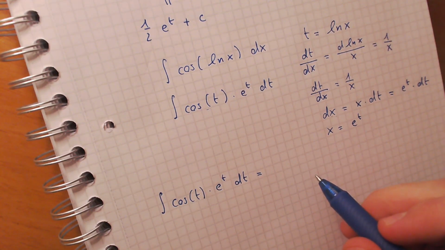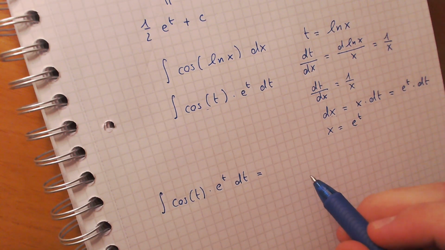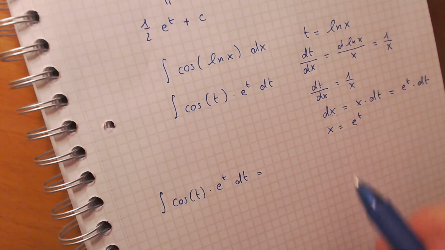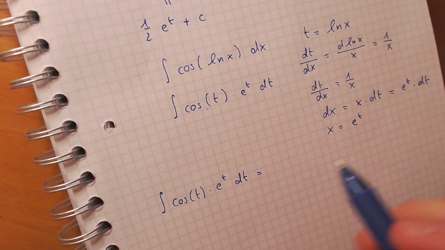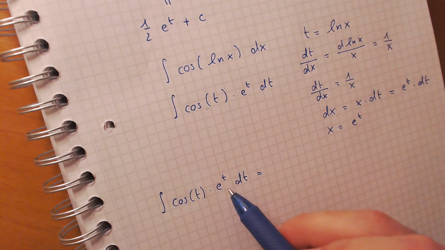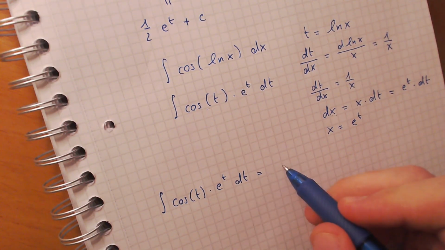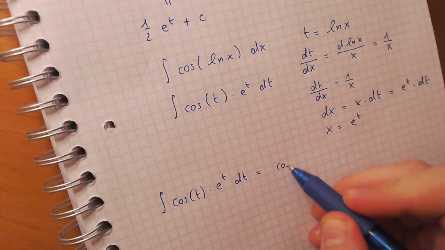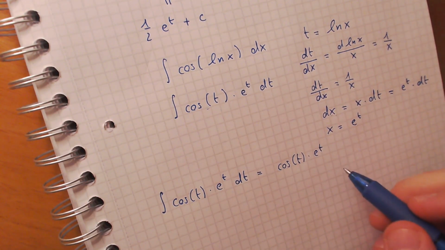So in order to integrate by parts, first of all, we basically have to find the antiderivative of e raised to the power of t. But the antiderivative of this function is this function as well. So this will be cosine of t times e raised to the power of t.